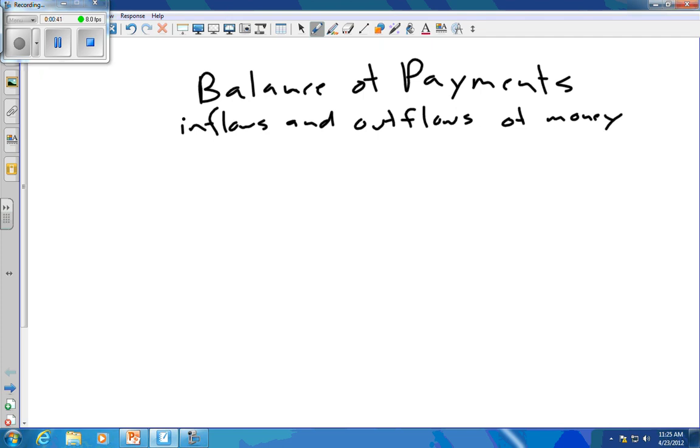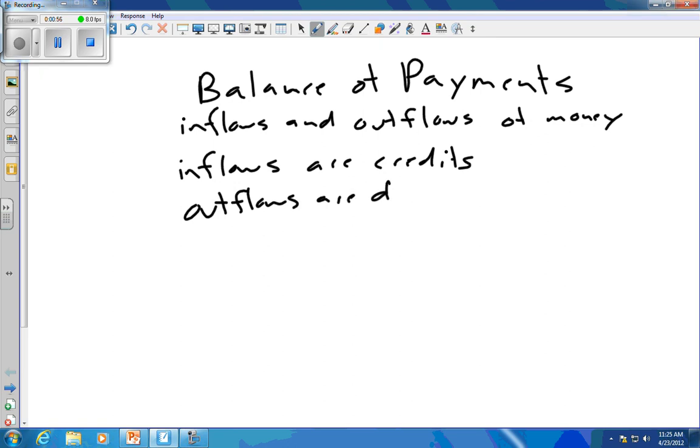If something is an inflow, inflows are credits, and outflows are referred to as debits. You can think of almost like a personal checking account in this manner.